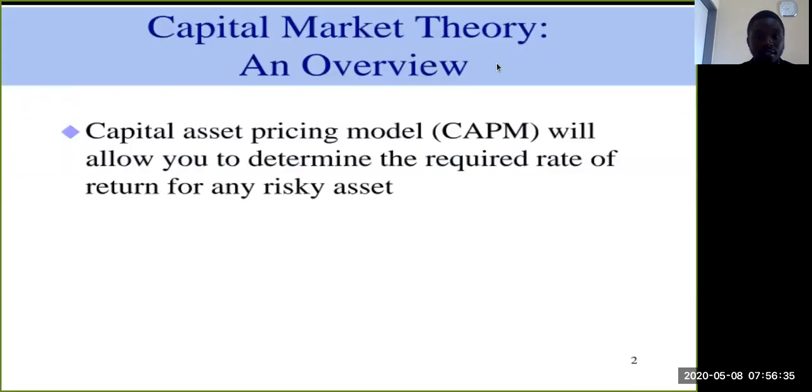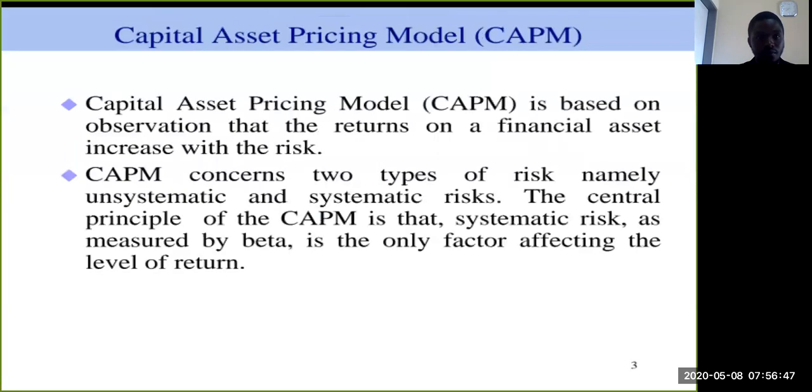Capital market theory. The capital asset pricing model, CAPM, will allow you to determine the required rate of return for any risky asset. CAPM is based on the observation that returns on financial assets increase with risk.